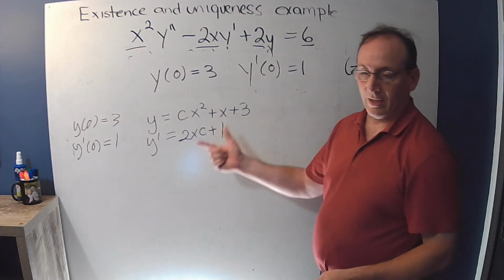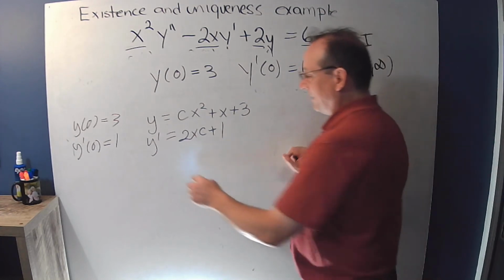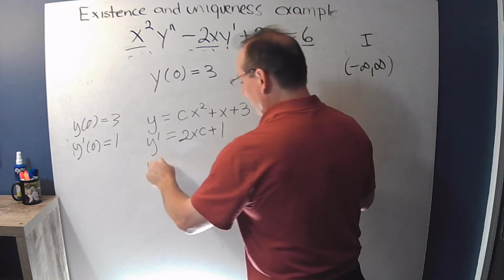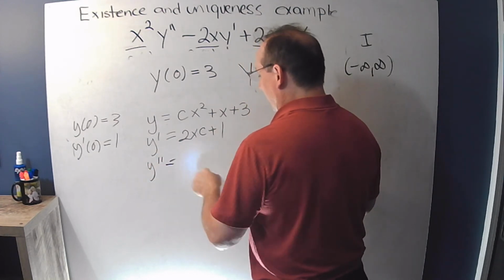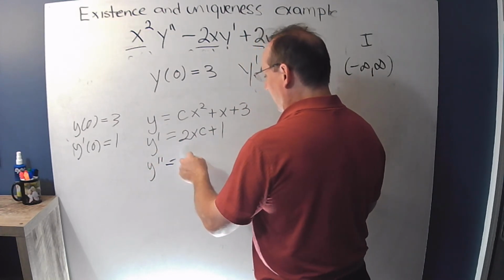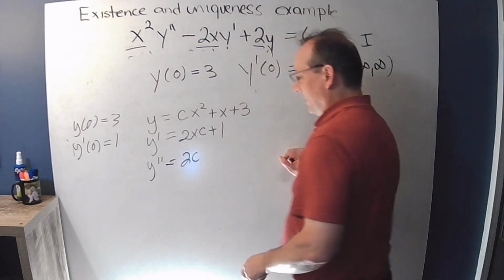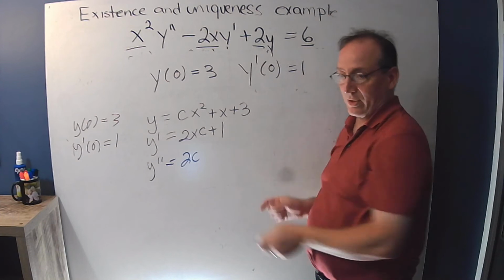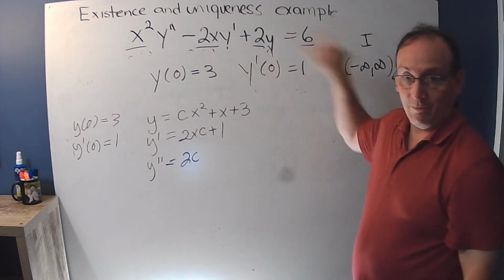Let's take the second derivative, and let's see if it actually makes this equation work. So y double prime just becomes 2c. Now what I want to do is just plug these elements into this equation and see if we get 6.